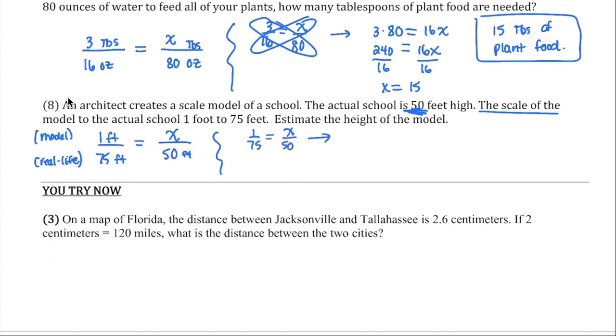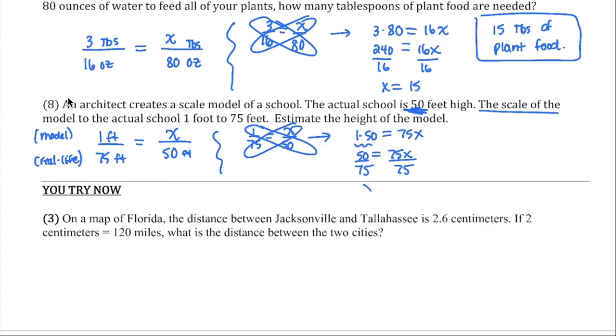And we're going to start by cross multiplying. I'm going to take 1 times 50. That's going to go on one side. X times 75, 75x, is going to go on the other side. And now we can simplify and solve. 1 times 50 is going to be 50. And solving for x, last step, we have to go ahead and divide by 75. Now, not the nicest number, but that's okay.